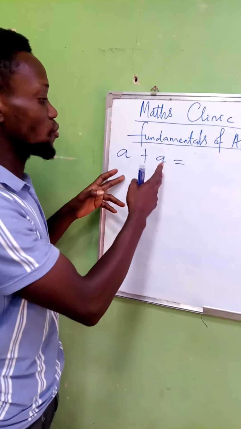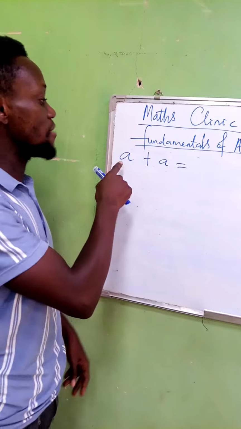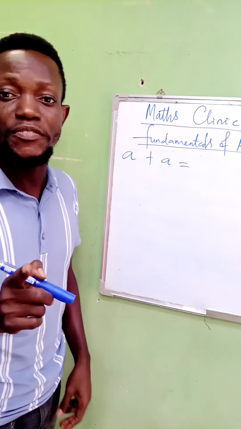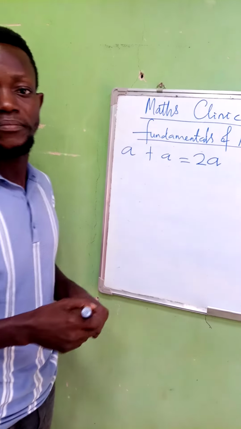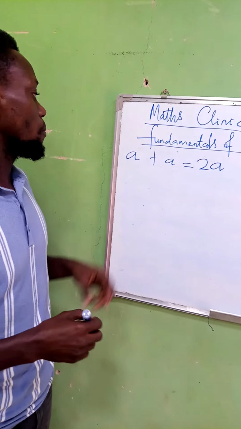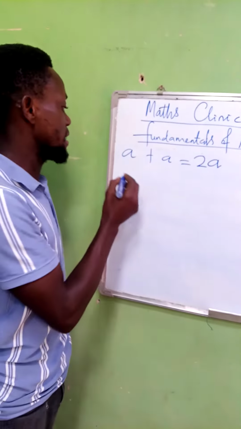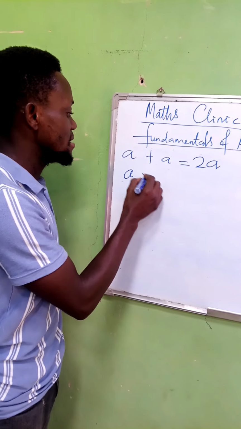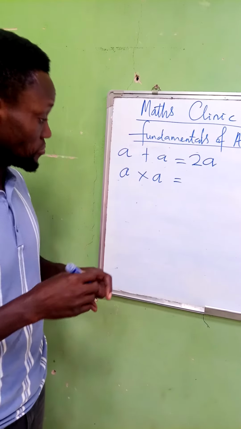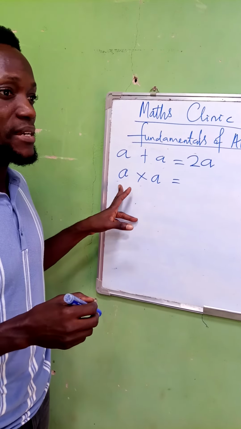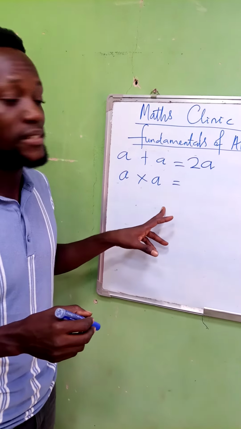So 1 plus 1 gives you 2, but when we have a plus a, it gives you 2a.